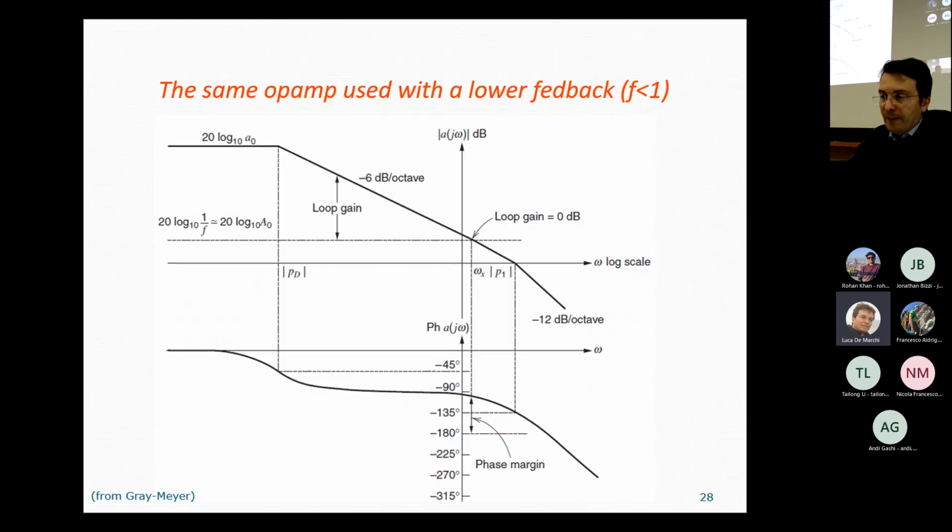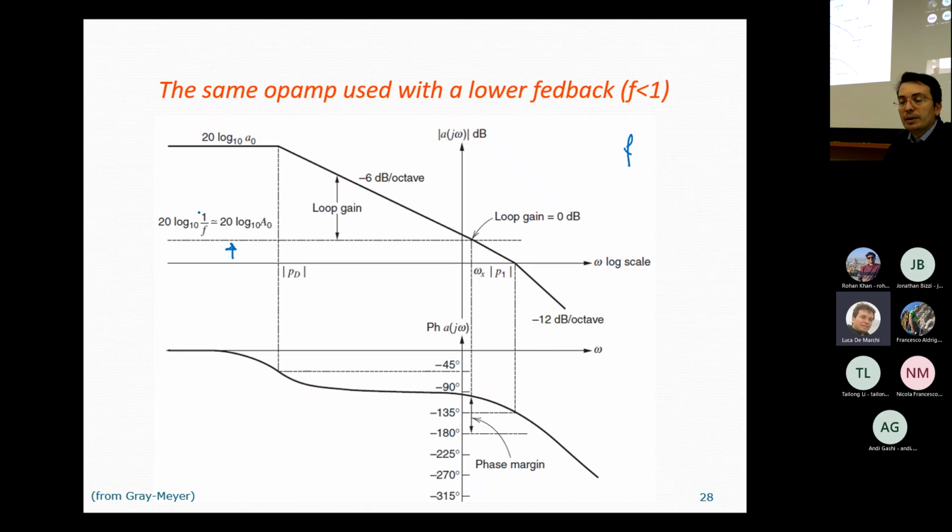Another technique to achieve stability is by using a lower feedback. In the sense that if we are lowering the feedback, that is, if we are picking up a value for f smaller than 1, then we are shifting this line upward.